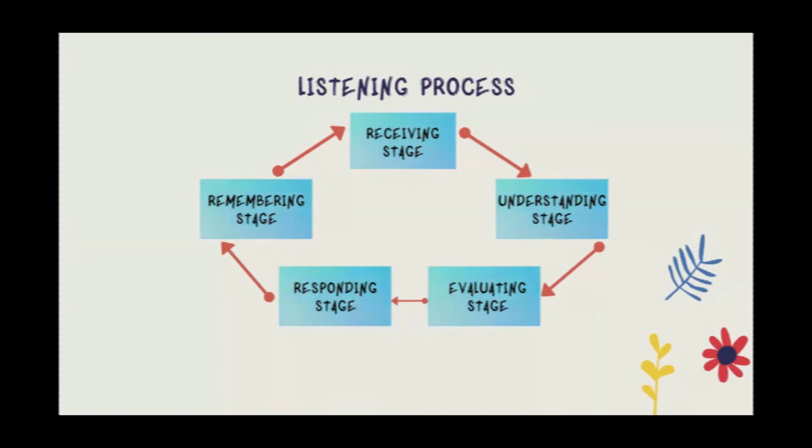So let's start with the first stage, which is receiving stage. Receiving involves hearing and attending. This is the process of accurately identifying and interpreting particular sounds that we hear. So that's the receiving stage.